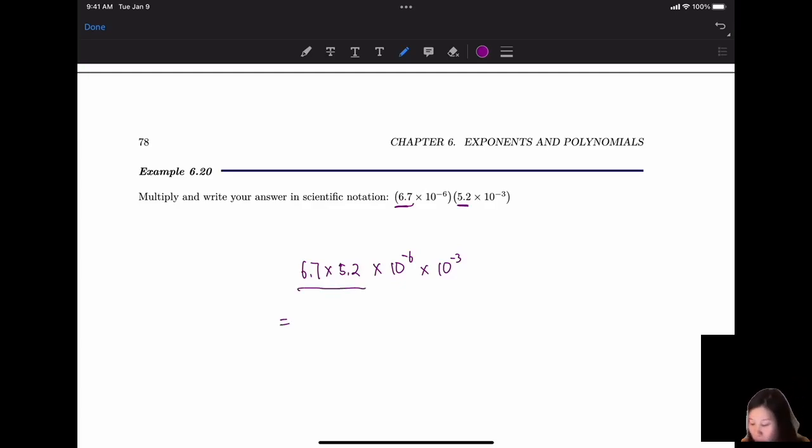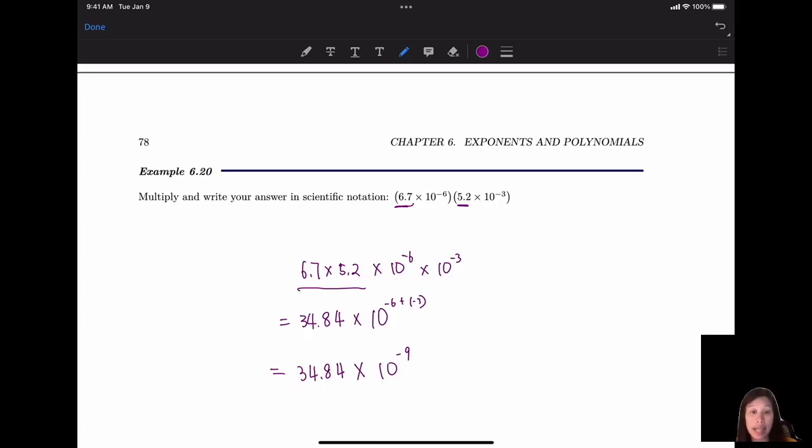So for the numbers, we have 6.7 times 5.2, which is equal to 13.84, times 10 to the negative 3 at negative 6 at negative 3. So we have 134.84 times 10 to the negative 9.